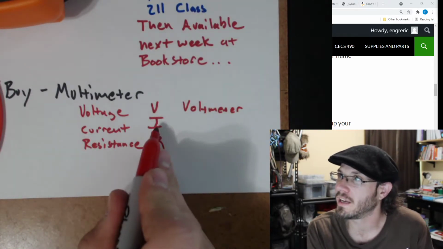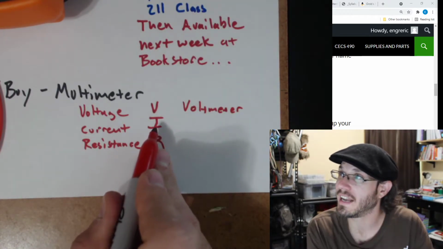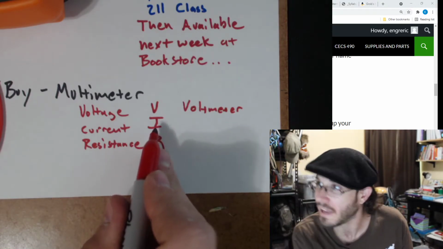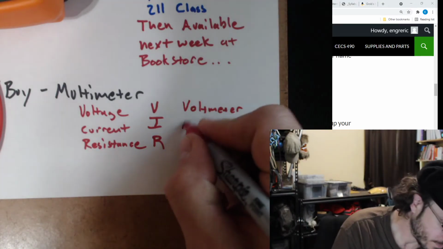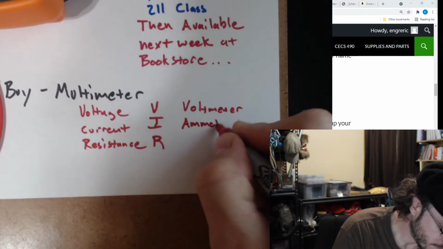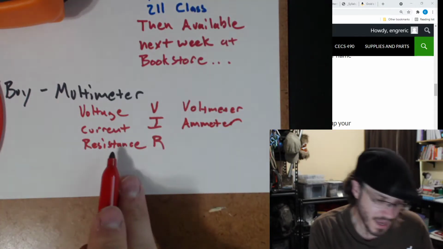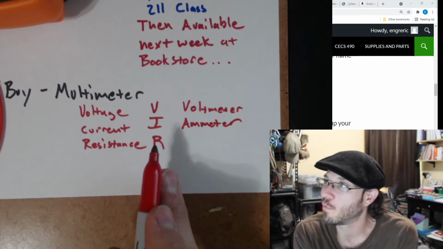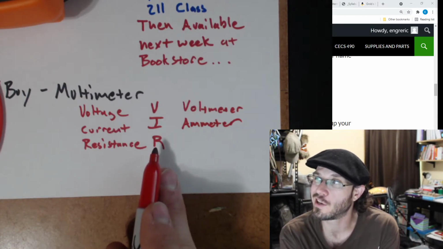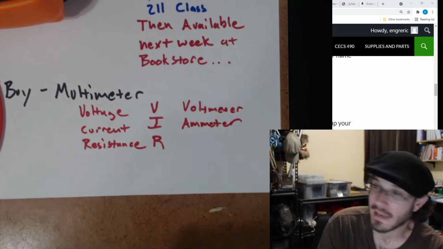If we are measuring current, current is measured in amps, then we have a meter of amps, an amp meter. And if we are measuring resistance, resistance is measured in ohms, then we have an ohm meter.